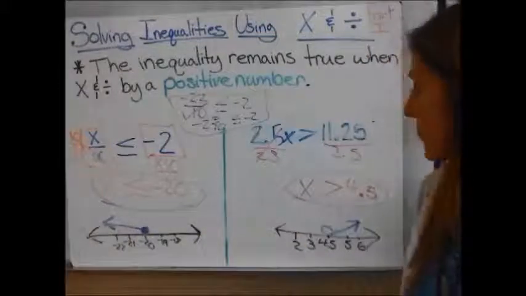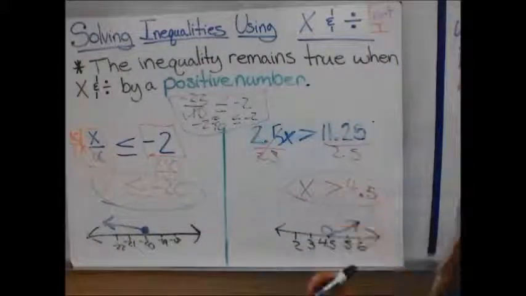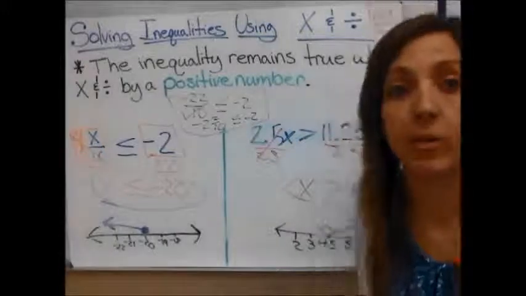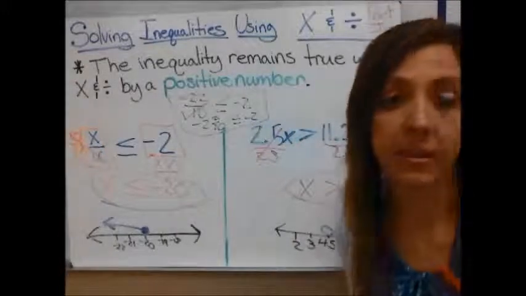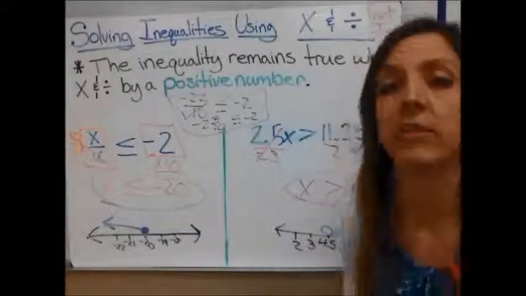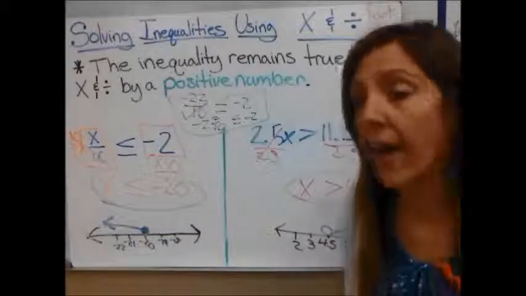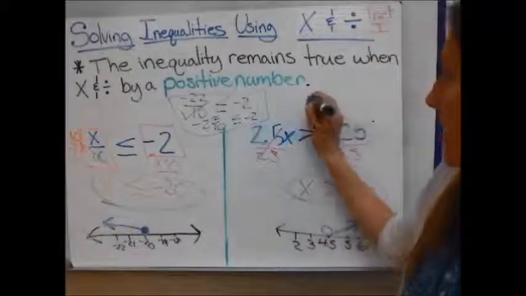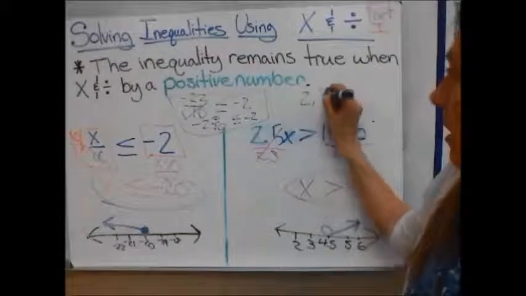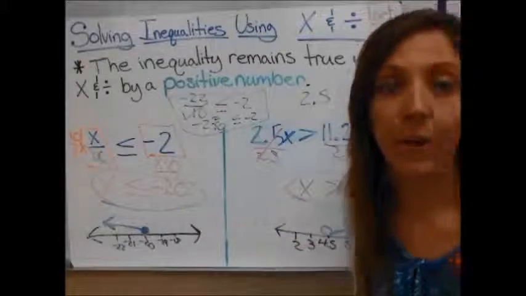This next one, x is greater than 4.5. To check it, I'm going to pick a number on my number line that I graphed that is greater than 4.5. Well, 5 is greater than 4.5, so I'm going to go with 5 and plug it in for x in my original inequality.